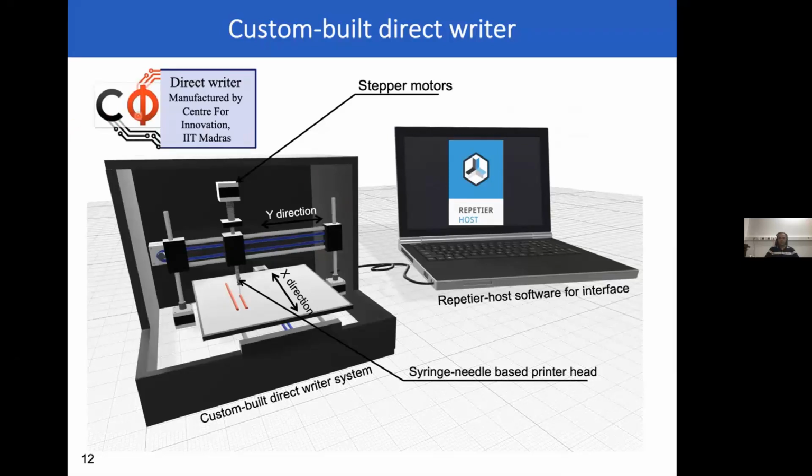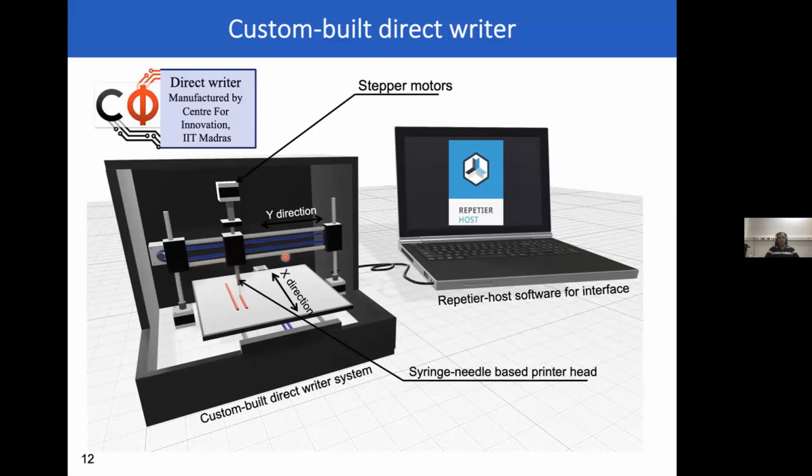Students from C5, which is the Center for Innovation at IIT Madras, built it for us. In this system, I have a substrate that can move in one direction, which I'm calling the X direction. I have my dispersion, which is silver nanowires or composites, which I will talk about in the subsequent slides. These are dispersed in some solvent, taken in a syringe, and extruded through a needle.